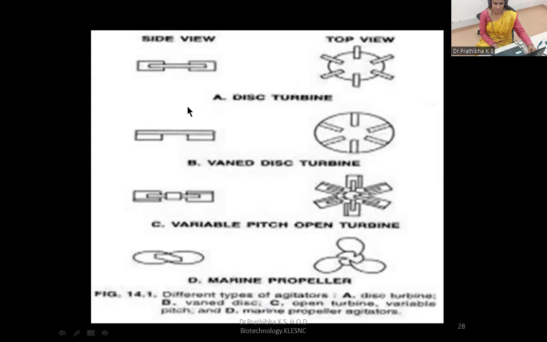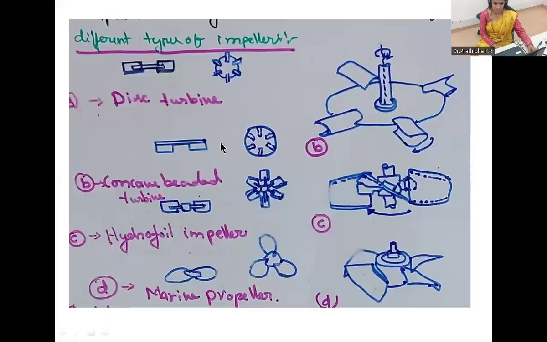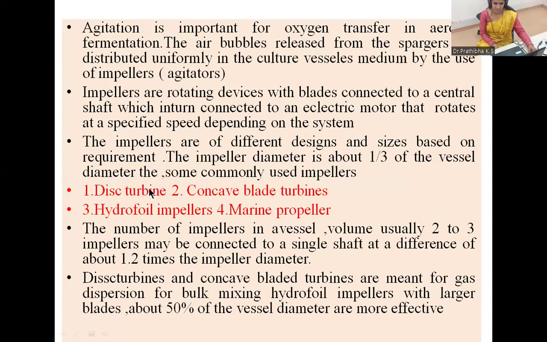You can make out the other views here. Side view, this is the disc turbine, and this is a vane disc turbine, and this is the variable pitch open turbine, and these are the marine propellers. So you need to keep in mind these different types of impellers: disc turbine, concave blade turbine, hydrofoil impeller, and marine propeller.